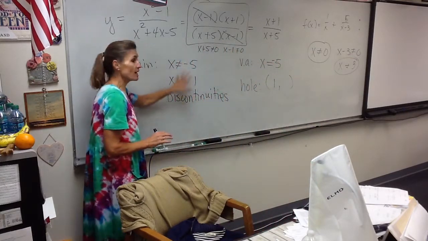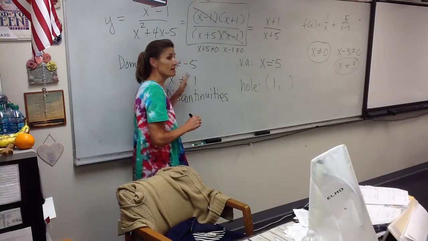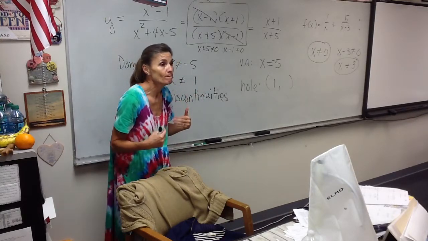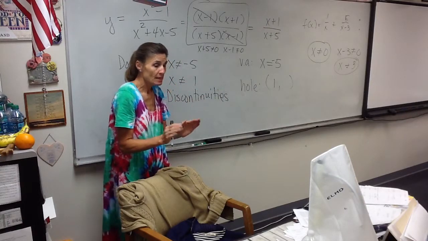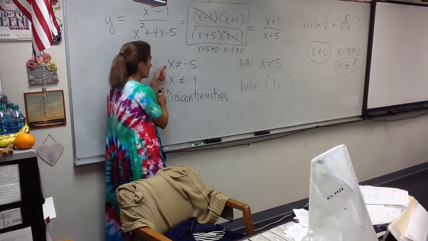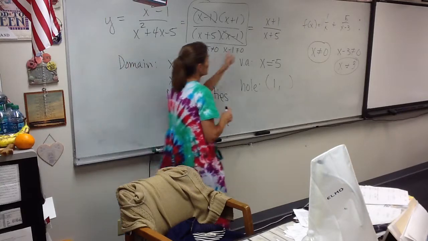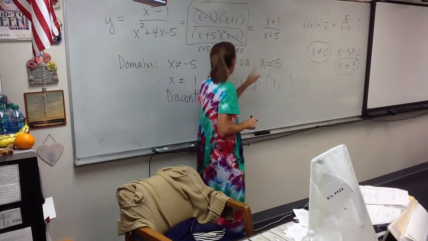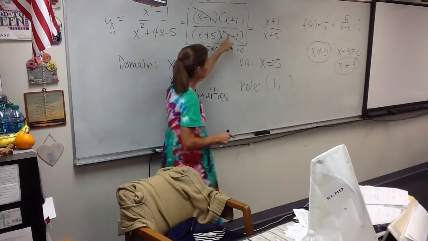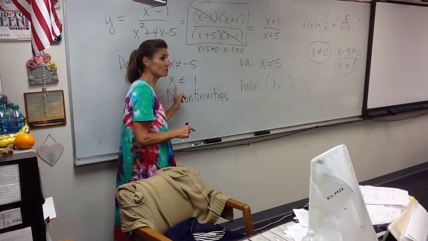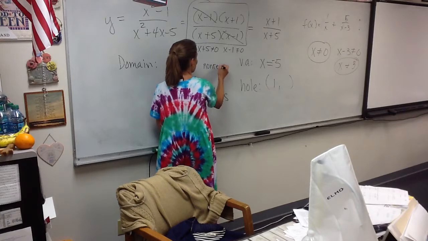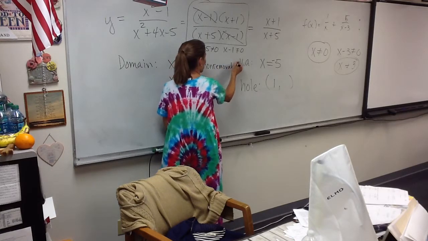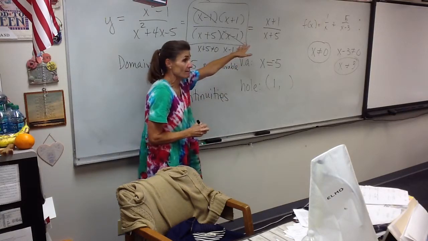Now, these are called discontinuities. These are the places where you say to me, Mrs. Ford, x cannot be this, x cannot be this for the domain. But they're different, because this one is still in the problem, but this one canceled out of the problem. Do you see how they're different? So this one is called non-removable because I've still got it.